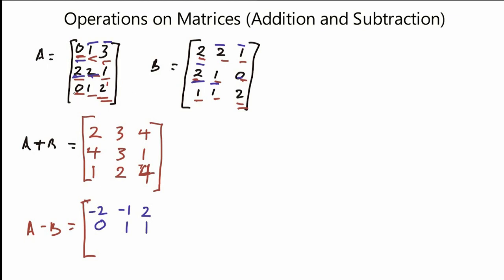Then on our last row, 0 minus 1 should give us minus 1. 1 minus 1 gives us 0. And lastly, 2 minus 2 should give us 0. So this one will be the solution of the matrix A minus B.